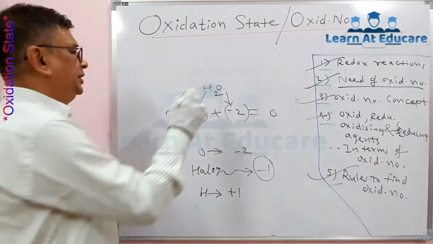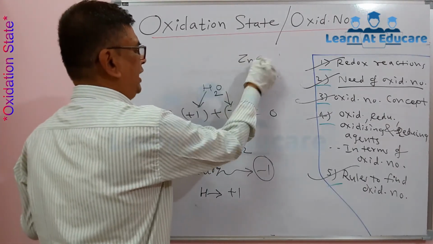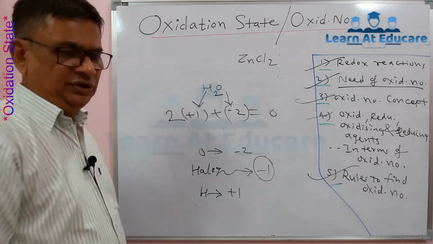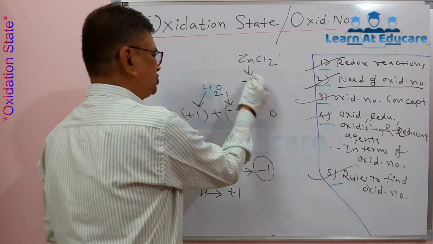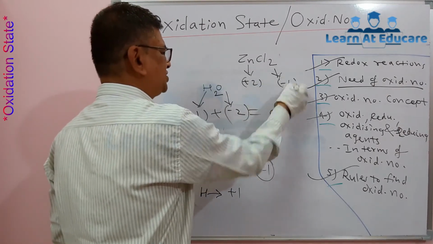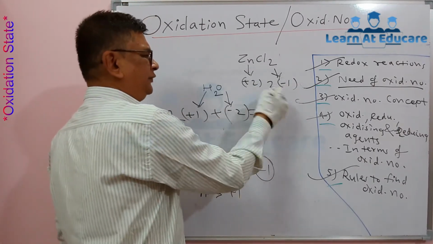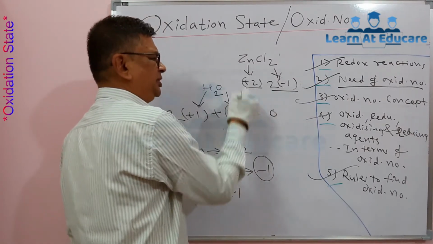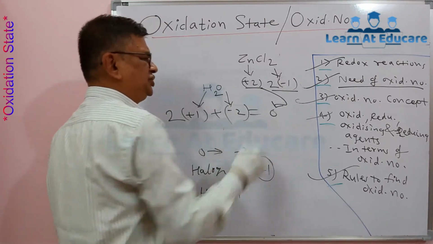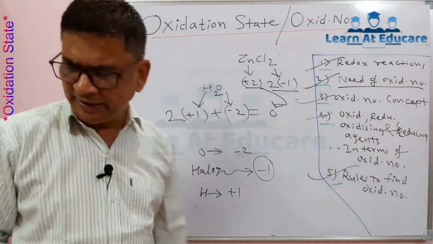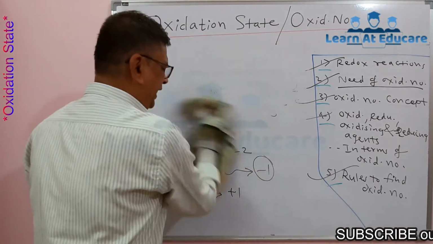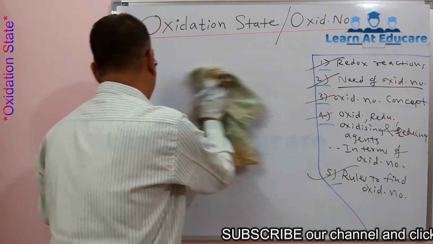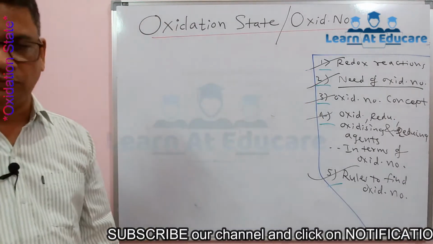For example, take zinc chloride, ZnCl2. In zinc chloride, zinc has oxidation number +2 and chlorine has -1, but there are two chlorines, therefore this product is -2, this is +2, and their sum is 0. So the algebraic sum of the oxidation numbers of every atom in a molecule or compound is always 0.